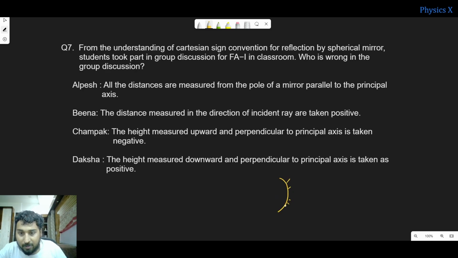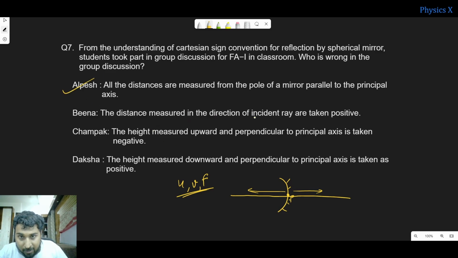Okay, if this is your mirror, this is your pole. Pole is considered as the origin. So he is telling that all the distances are measured from the pole of a mirror parallel to the principal axis. Yes. So distances can be u, v, and f. So this is calculated with respect to this P only. Okay. So he is correct.